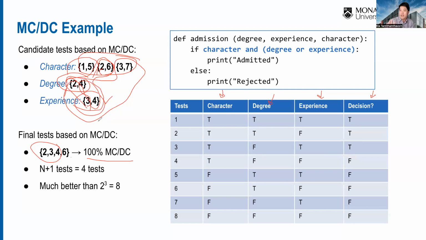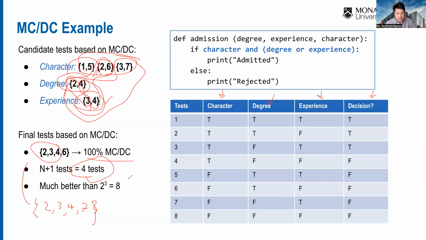So that's 5 test cases. It's not the smallest number, right? So in this case, we can choose either 2, 3, 4, 6 or 2, 3, 4, 7. So we need 4 test cases to achieve 100% MCDC coverage.